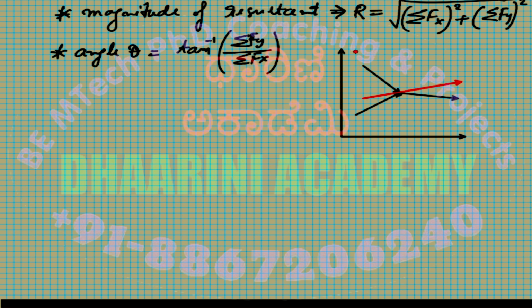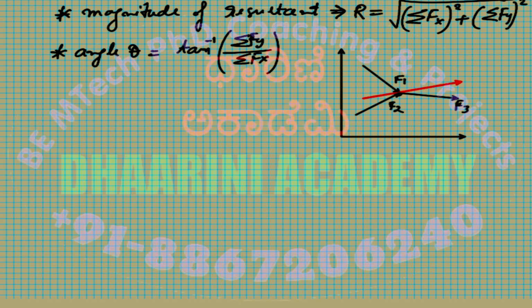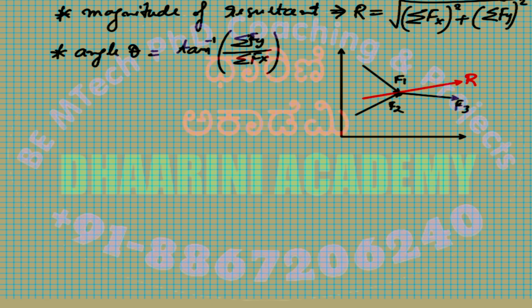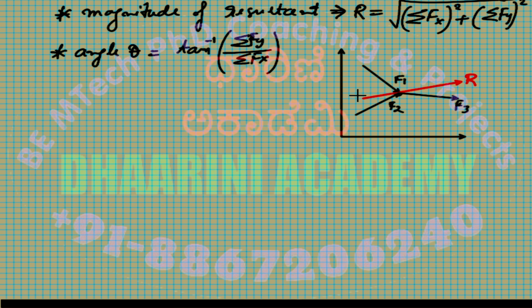Now, let me write the force names as well. Let me say the first force is F1, this is F2, this is F3, and a resultant. So the resultant was something like this. In order to identify which is the R, I just need the magnitude of R and the angle made by that particular R with respect to the x-axis.